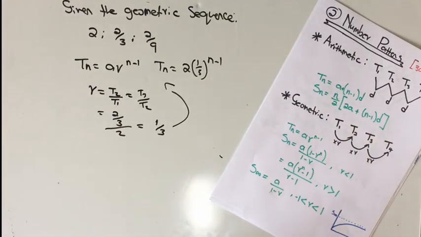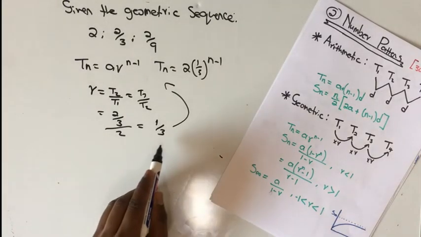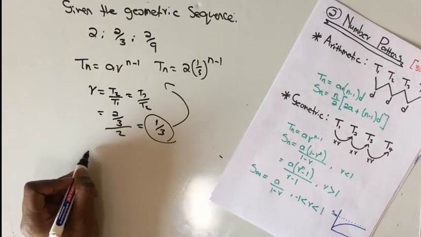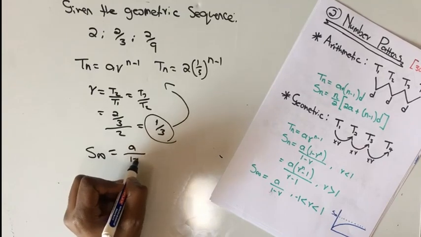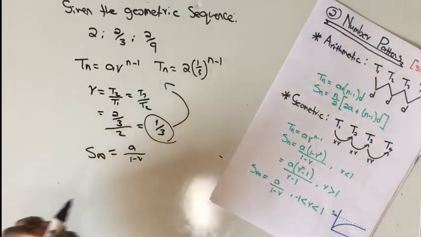Also, like I've said, we can find the sum of infinite terms only when your r is in that range, when your r is less than 1 and greater than minus 1, which in this case it is. So we can find S infinity, which is a over 1 minus r. We have all of those things, we can punch them in.